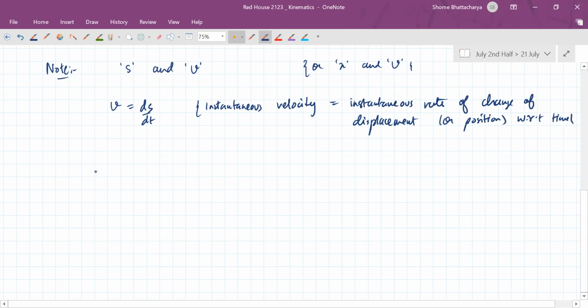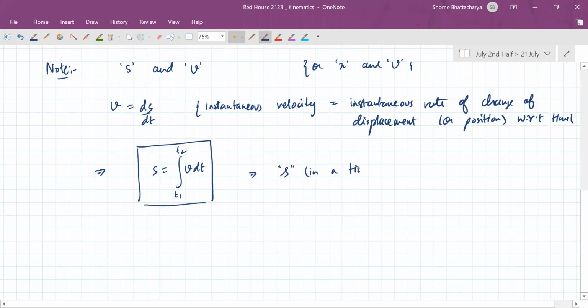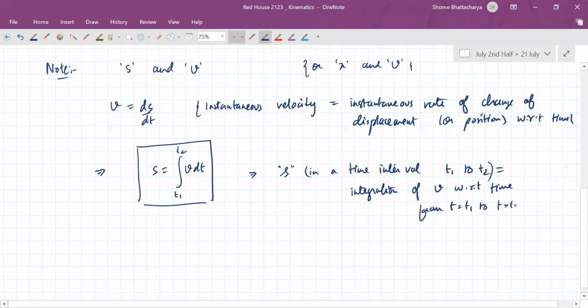So that now also indicates the reverse of this, that displacement will be integration of velocity with respect to time for whatever time interval t1 to t2. So this now automatically implies that displacement in a time interval t1 to t2 equals the integration of velocity with respect to time from t equal to t1 to t equal to t2.